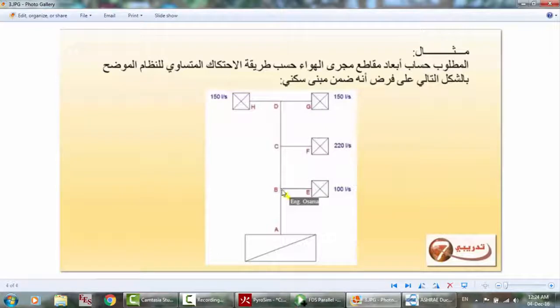Then 2 pascals after reaching E due to this branch, so we have now 14 pascals, and there are 10 pascals losses due to this outlet, so we have 4 pascals only. So here is 20 pascals, and the air will enter this room or zone with 4 pascals.